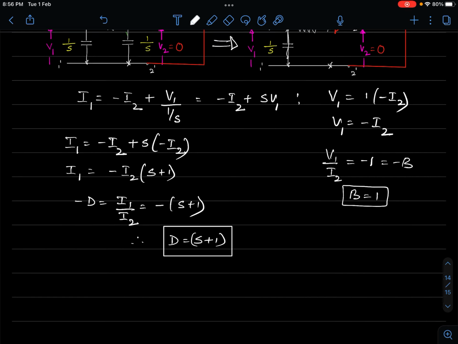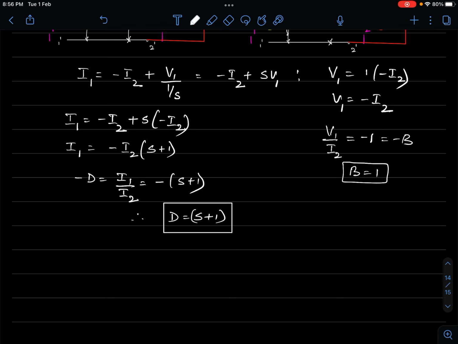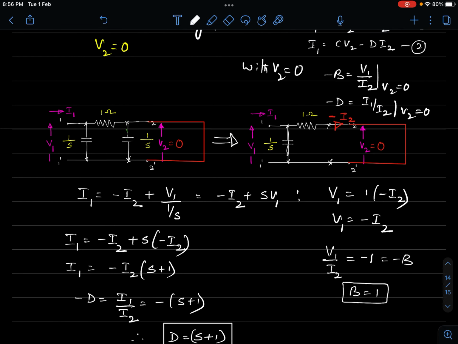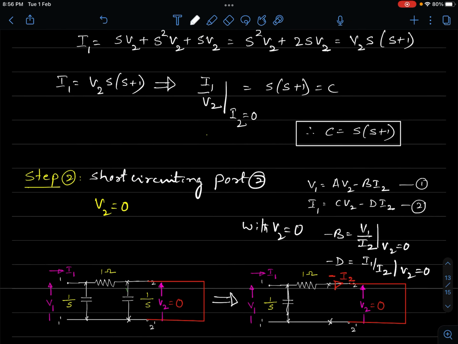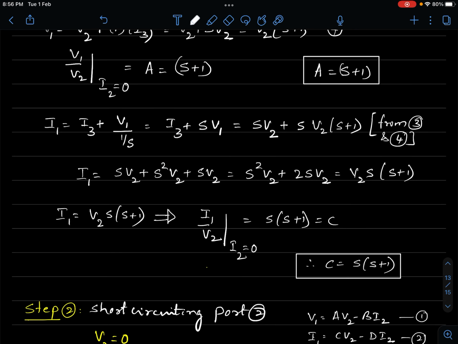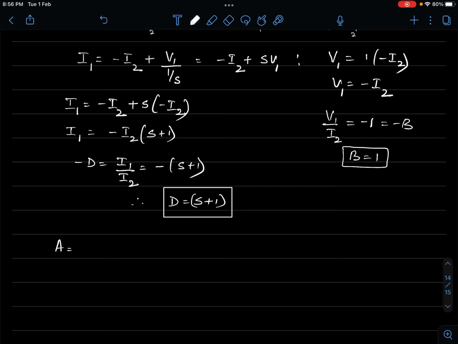Alright. So we'll put the things together. Okay. So what do we have? The result is, what is A? A is S plus 1. Oh, you see A and D are same, huh? A and D equal to S plus 1.